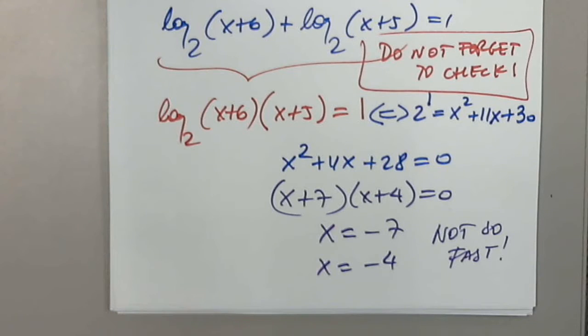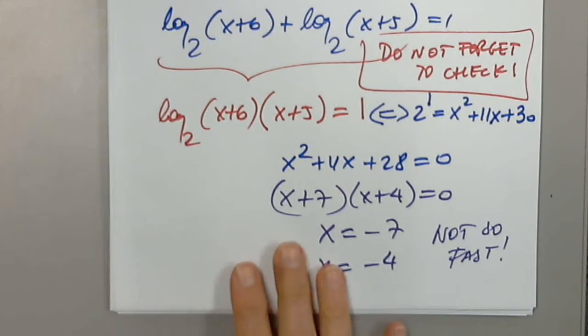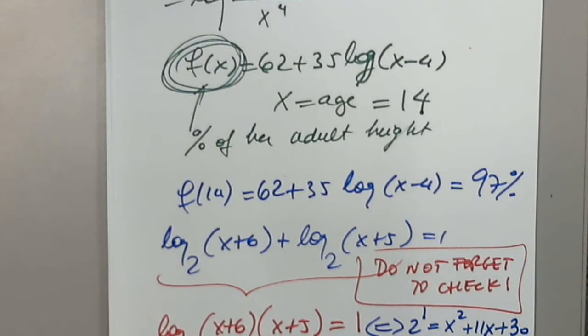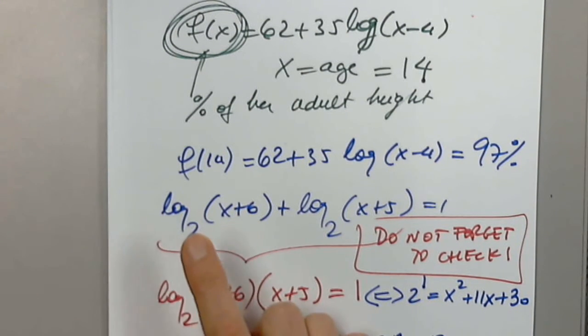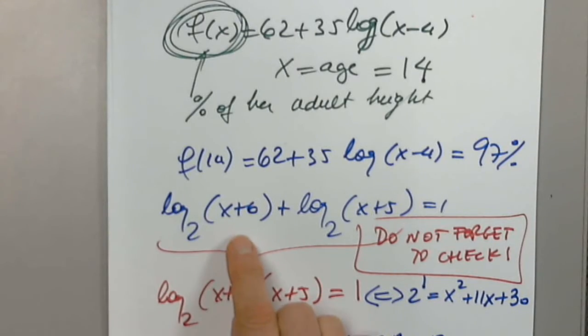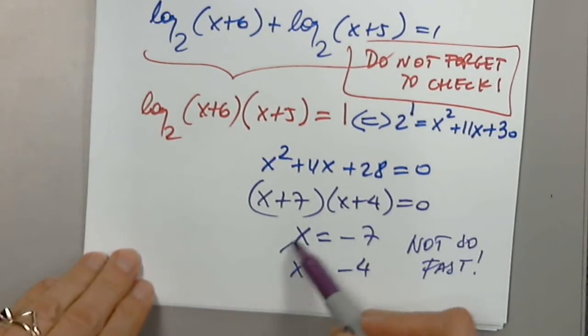Because I have to do what? Yes. Okay. I'm going back with -7 in the original problem. -7 plus 6. Is that okay? That's -1. Correct. So can I apply log base 2 to -1? No. Very good. This is out.